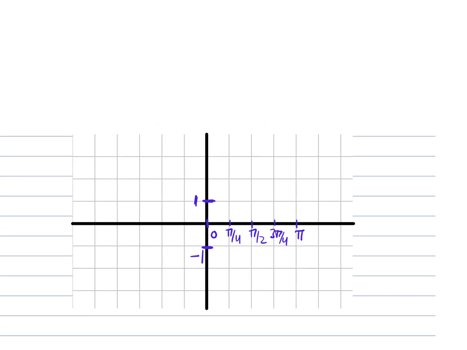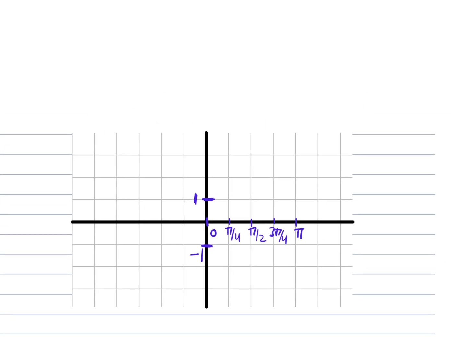Keep in mind the graph for cosine is going to start not at 0 like sine. Remember, sine of 0 is 0. Cosine of 0, this is something that you have to commit to memory. Cosine of 0 is going to be 1. If you don't remember that, do it enough times so that you do remember it. Cosine of 0 is going to get you 1.